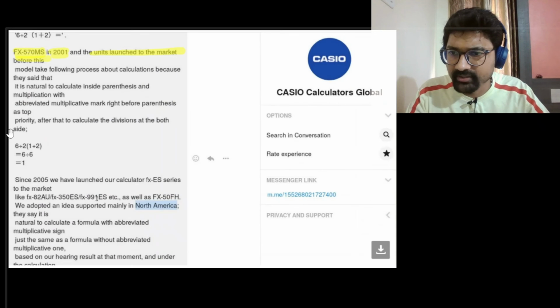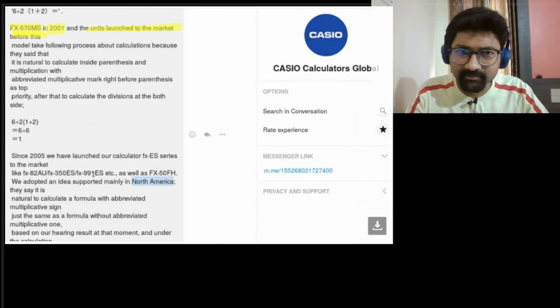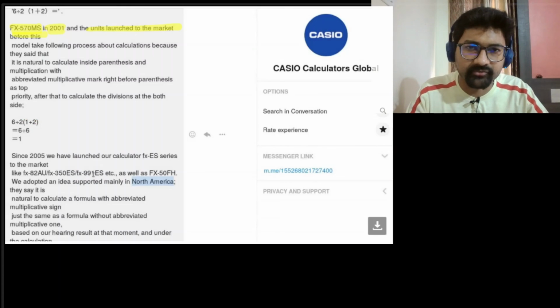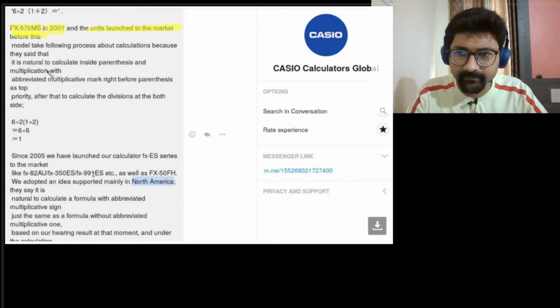What they mean over here is of course the priority being taken by the implicit multiplication, which we can clearly see is taken to be a higher priority when compared to the explicit multiplication, and hence this takes priority over that.